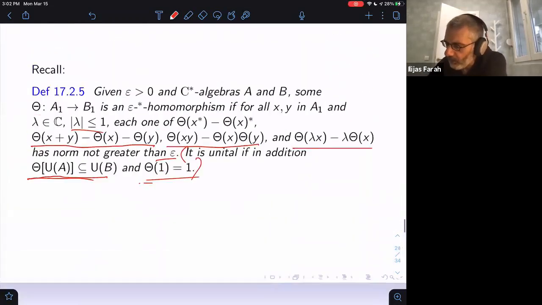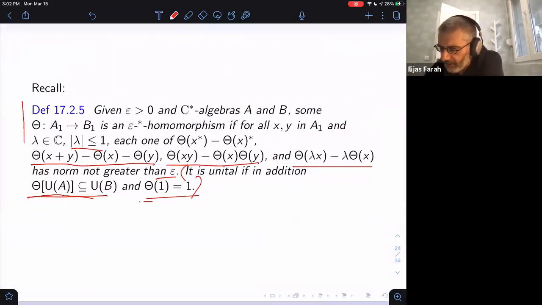Oh yes, actually, before I move on, you see there is a bit of arbitrariness in this definition, and this is not what some people would consider an approximate homomorphism. For example, Barry Johnson considered something very similar to this, but from a functional analysis point of view, it is much more natural to assume that the map is linear to start with, because it's only natural to consider linear maps.